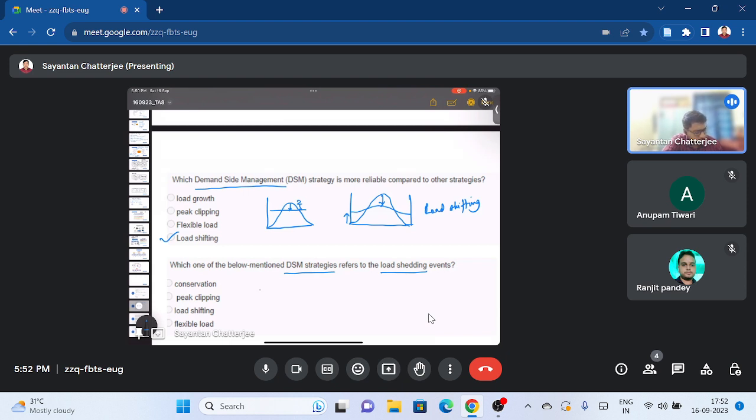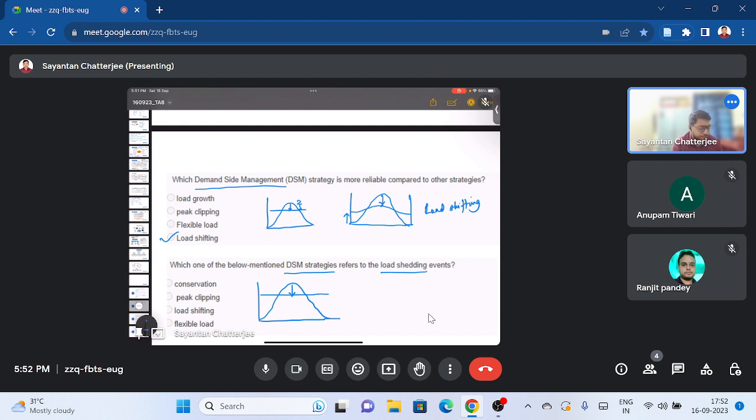Just discussed previously that load shedding events, load curtailment events are referred to as peak clipping. If we clip the peak at this point, then if there is loading above this value, that value would be clipped or tripped off.